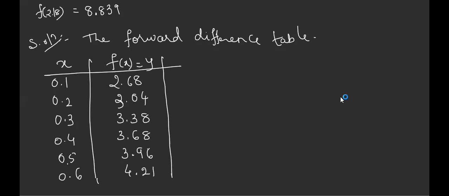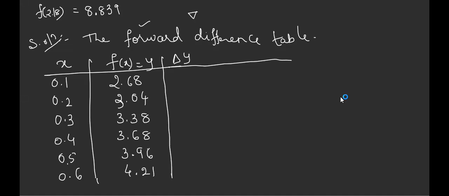Now we have to proceed ahead and find out the forward differences. Backward difference is denoted as del, the upside-down triangle, and this is the straight triangle, delta. It is denoted as delta y. So remember, when you are using forward interpolation, construct the forward difference table, which is called delta y.